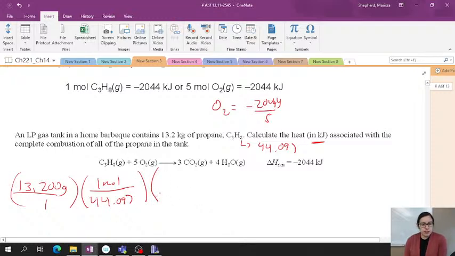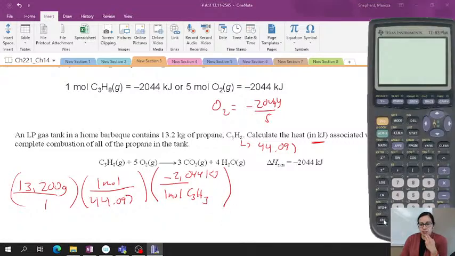Then for every 1 mole of propane, we get out 2,044 kilojoules. Let's plug this all in. Hopefully I won't do a bunch of typos this time. So 13,000 grams divided by 44.097.